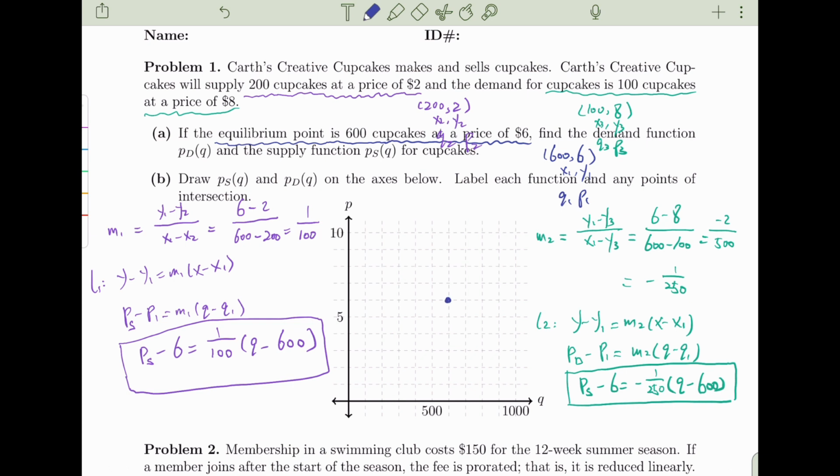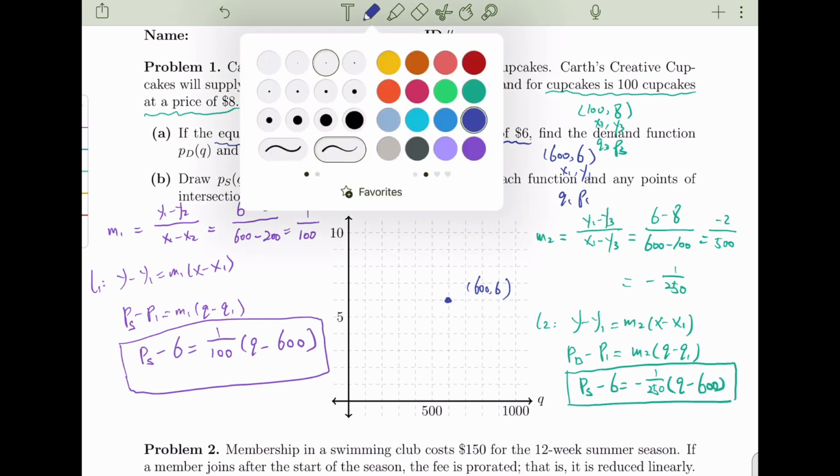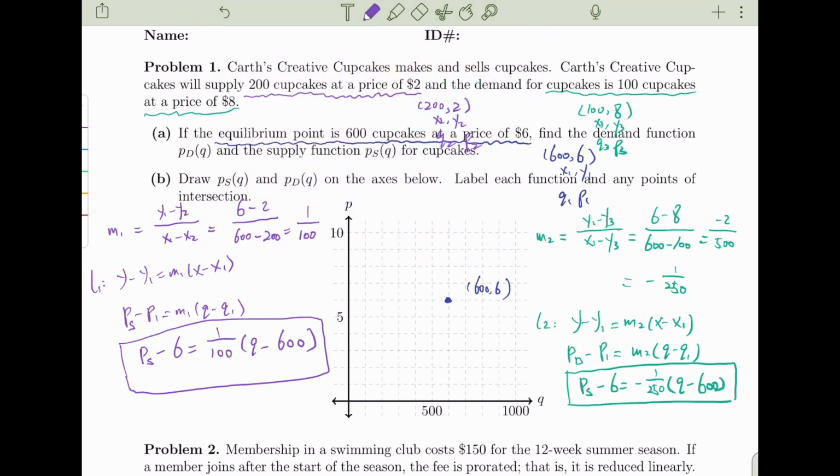This guy here, 6, 600, and the purple point 2, 200. 2, 200 is gonna be here, right? And also the green point, that is 1, 800.